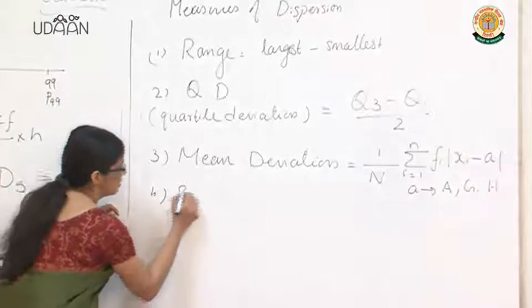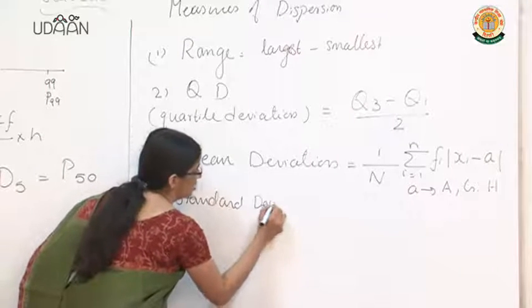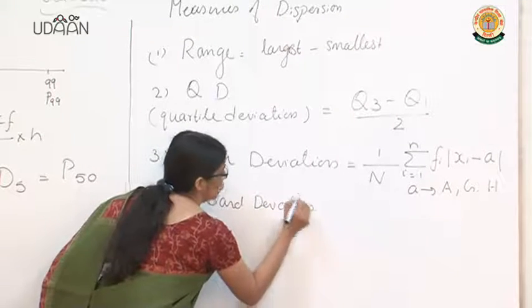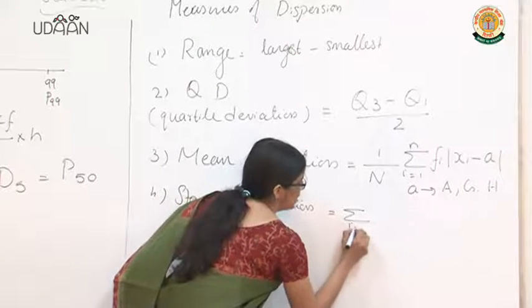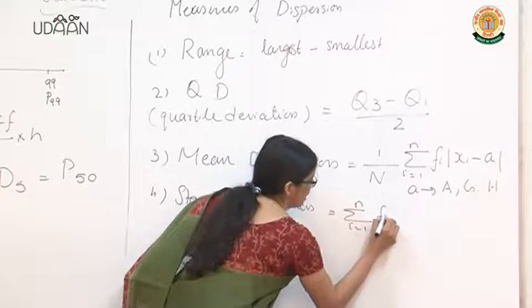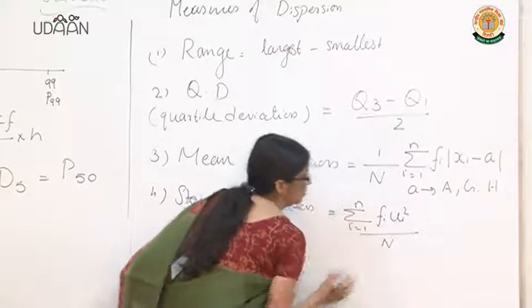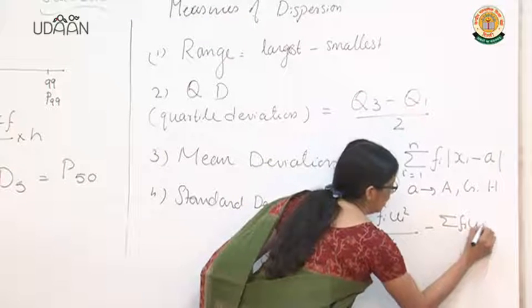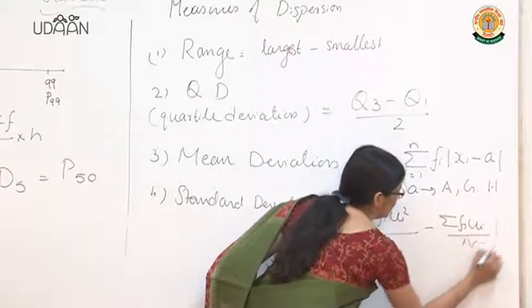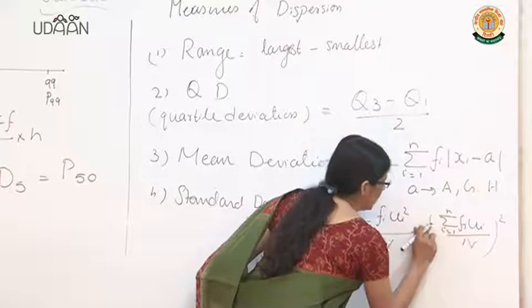Then comes standard deviation. What is standard deviation? Sigma i varies from 1 to n fi ui square divided by capital N, minus sigma fi ui divided by capital N the whole square, where i varies from 1 to n.